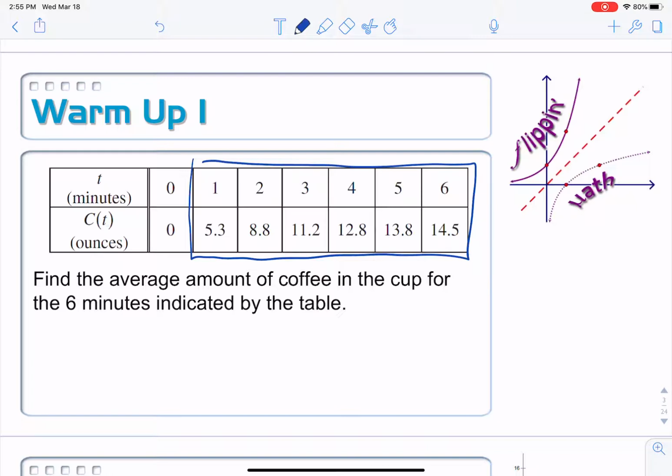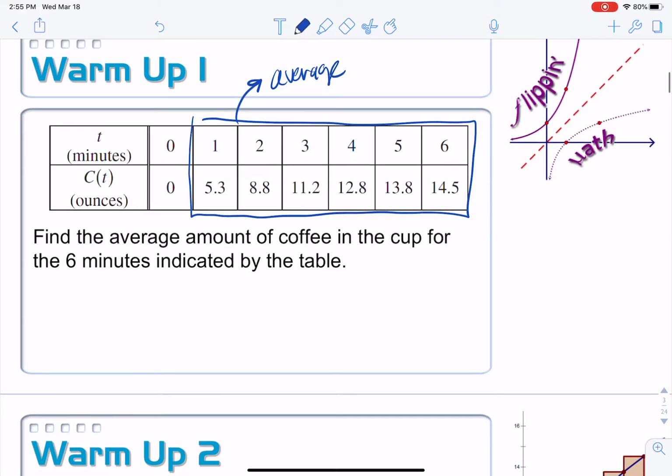I'm just going to take the average of these y values. It's 5.3, 8.8, 11.2, 12.8, 13.8, 14.5, and divide this thing by 6, right?